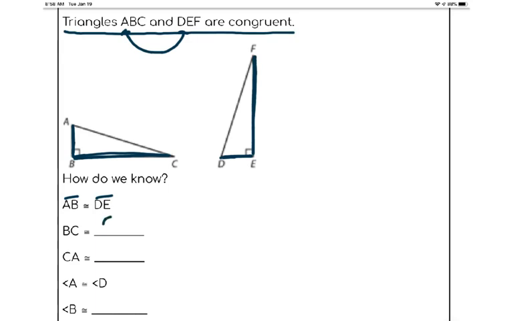So EF is the corresponding side to BC. Now CA is the hypotenuse on this triangle, so it's going to be the hypotenuse on this triangle. Those are corresponding parts, and CA is congruent to DF. Those are all corresponding sides.